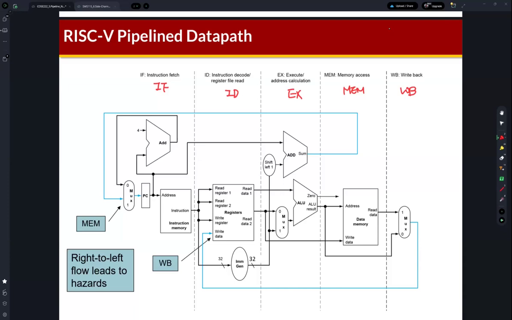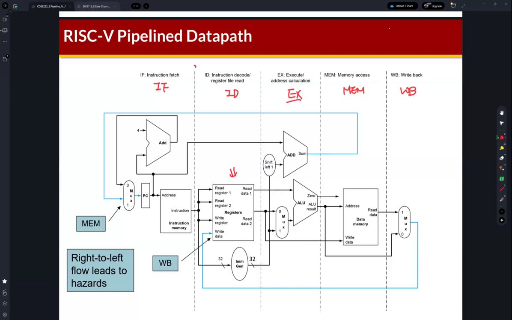This is the instruction fetch. In instruction fetch, we update the PC, and then using the PC, we can access the instruction memory. In the ID stage, the instructions are decoded, and then the instructions access the register file.